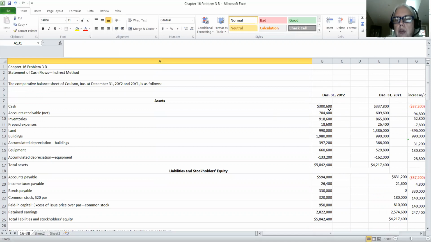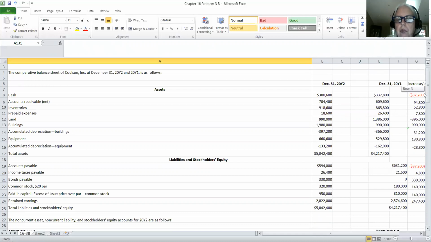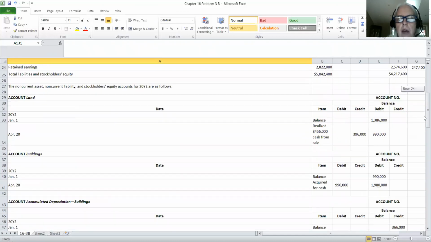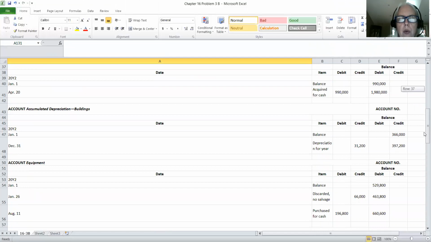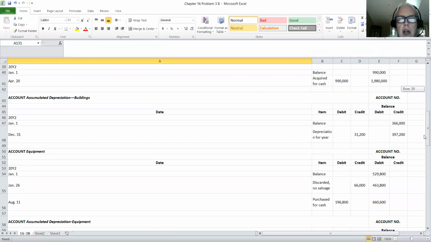So you will take the amount from year 2 and subtract the amount from year 1 from it to give you either an increase or decrease. You want to do that for each one of these accounts. That would be step one of computations before you prepare the statement of cash flows.